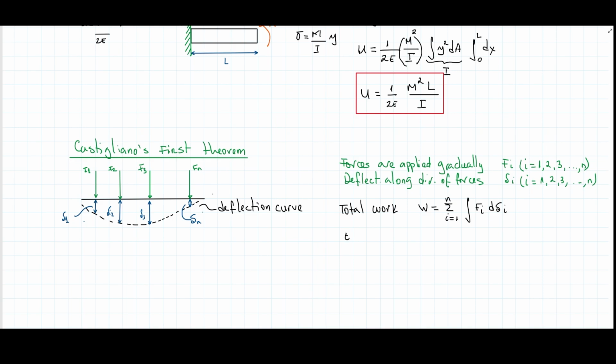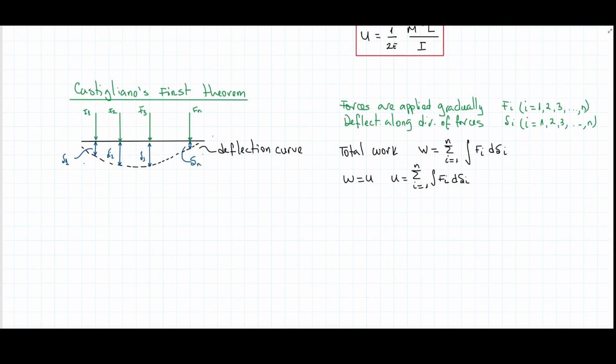Now, as energy is conserved, meaning that there is nothing else acting there, we say that work equals strain energy. Just for redundancy purposes, I could say that strain energy equals the sum of the work done by these forces. Perfect. But now, let's bring down the gradually applied condition.